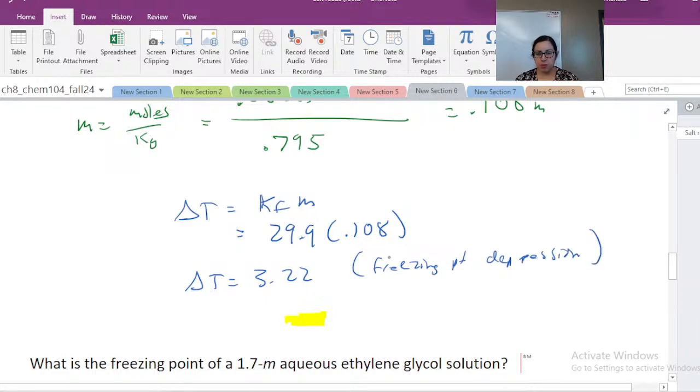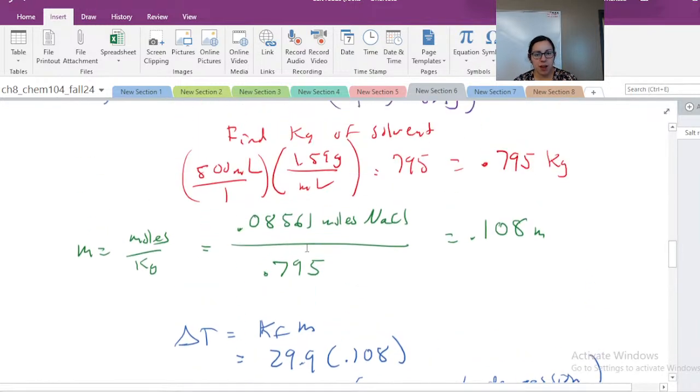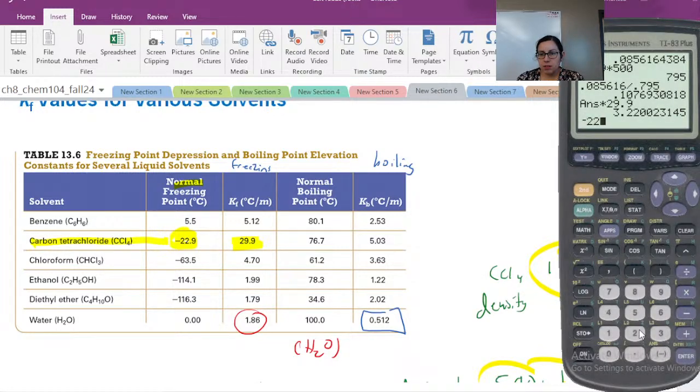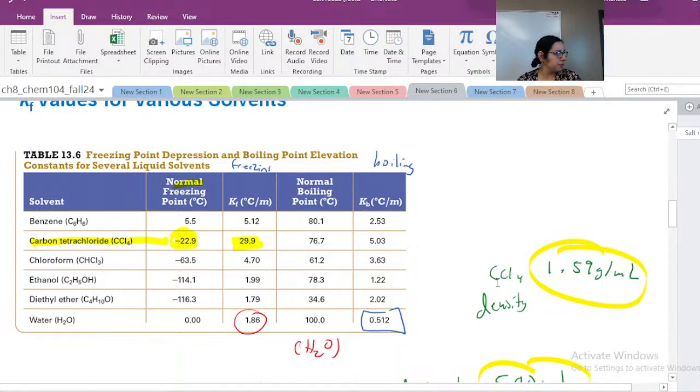So freezing point depression, so we know we need to subtract it. So now we take our original freezing point, so negative 22.9 minus this new one, so giving us a new freezing point of negative 26.1 or so.